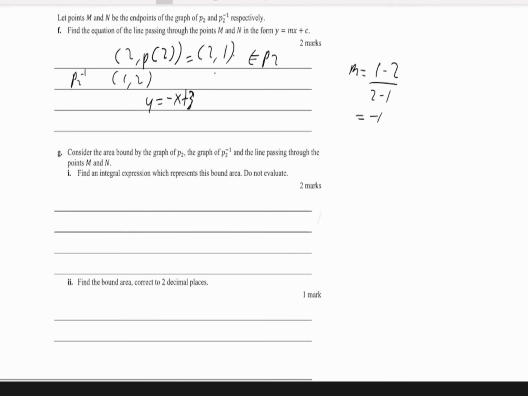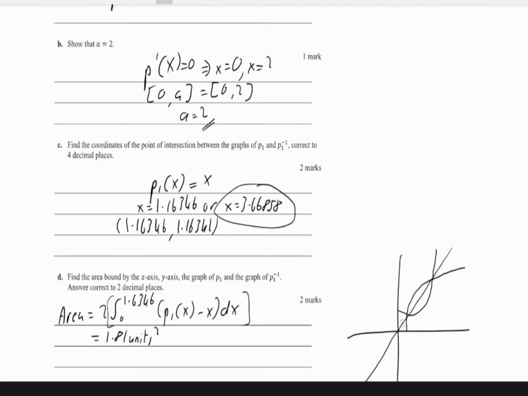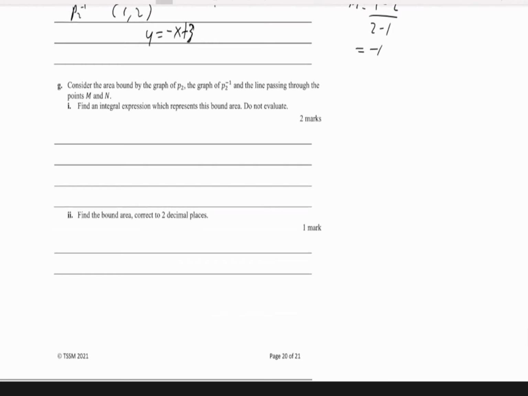Next question, G and I. This is where the value I found up here comes in handy. First of all, I'll just graph it out real quick. They want us to find the area between x minus 3 and P1x.